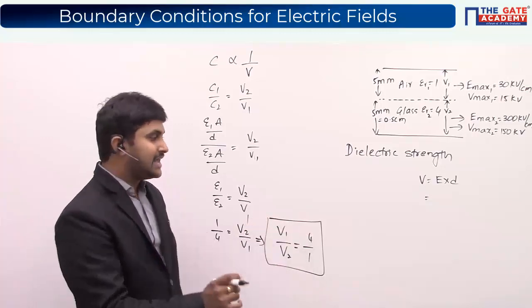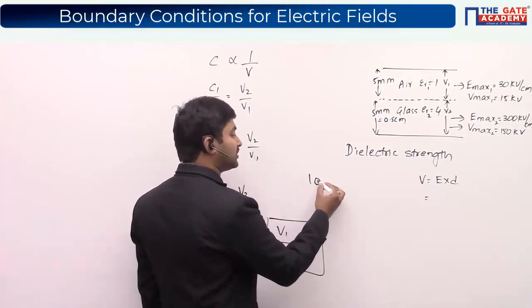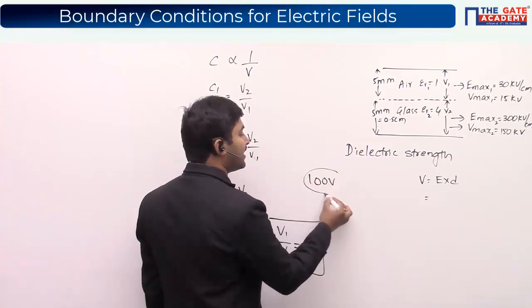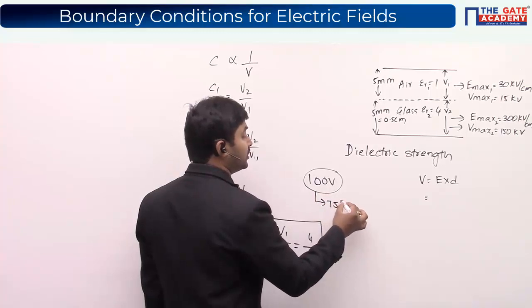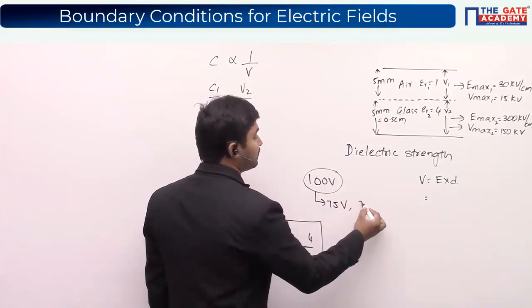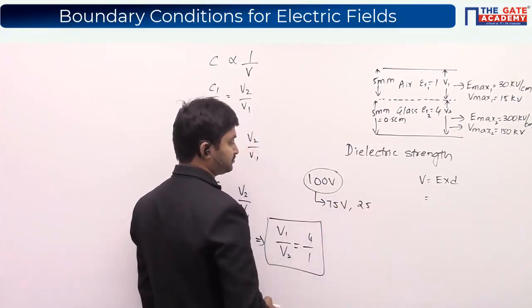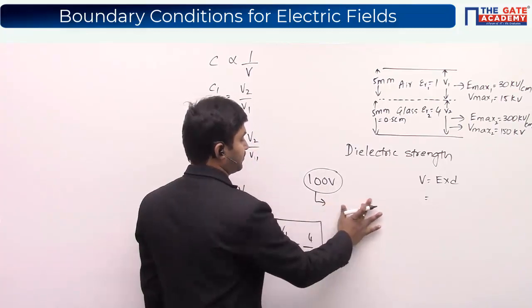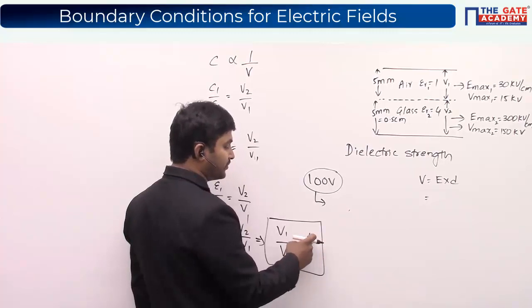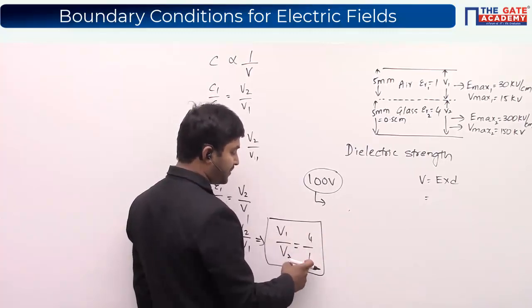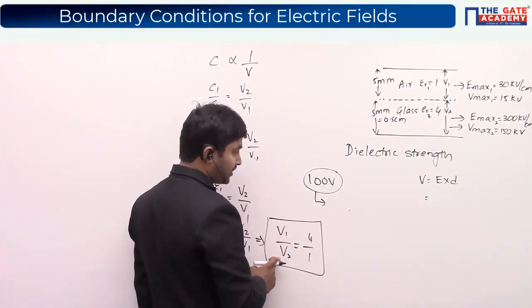It means if I apply 100 volts totally, then, considering 5 parts in total, 4 parts move into the air and 1 part moves into the glass.